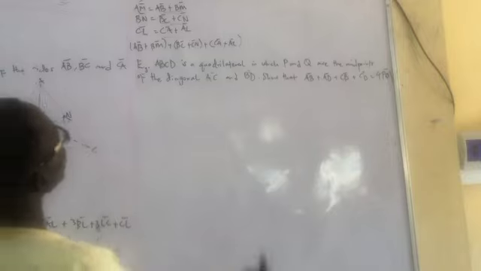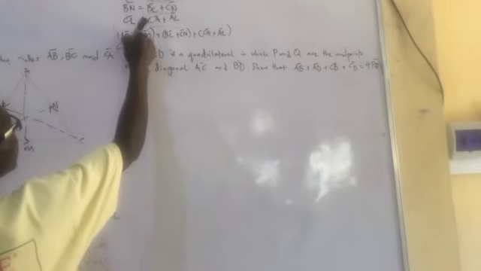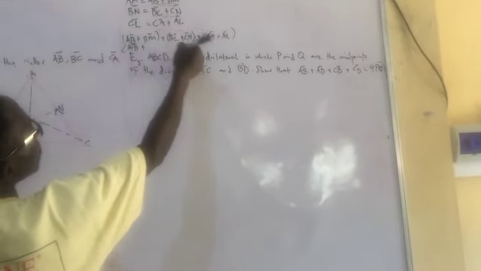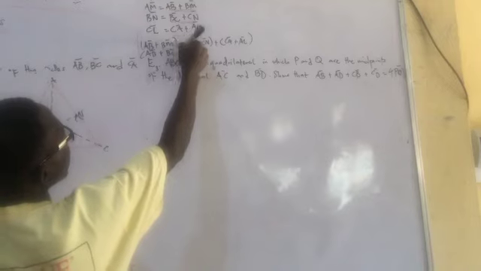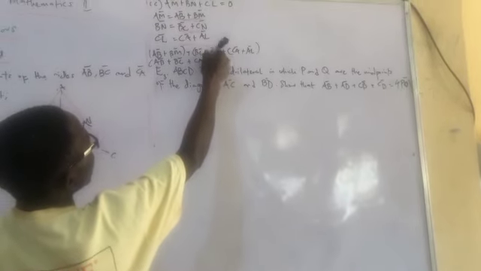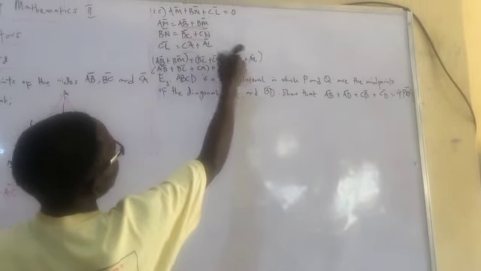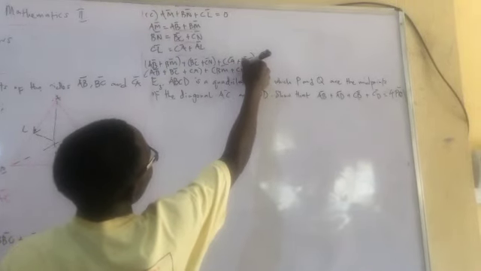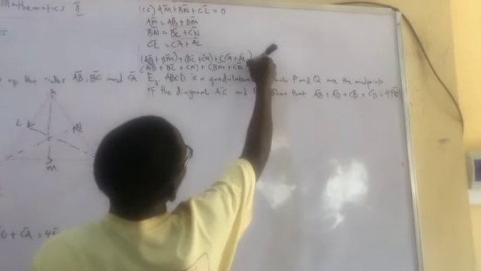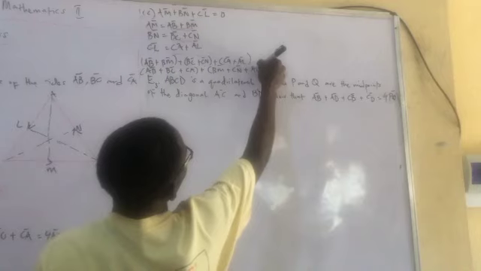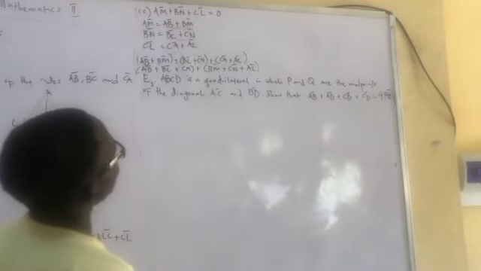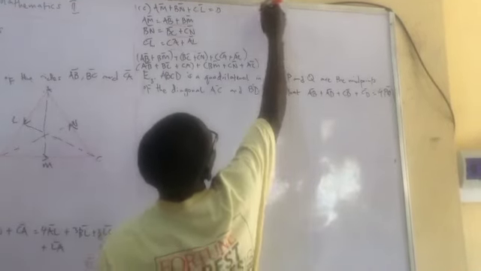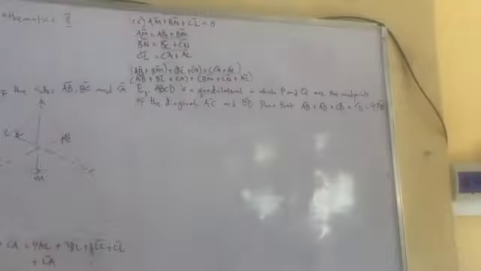We pack them. So we are having AB plus BC plus CA, then plus BM plus CN and plus AL. But then we have to manage our space here.